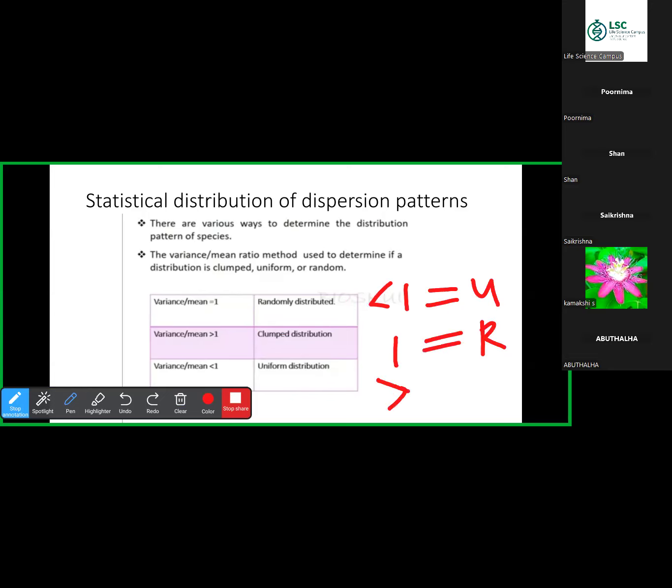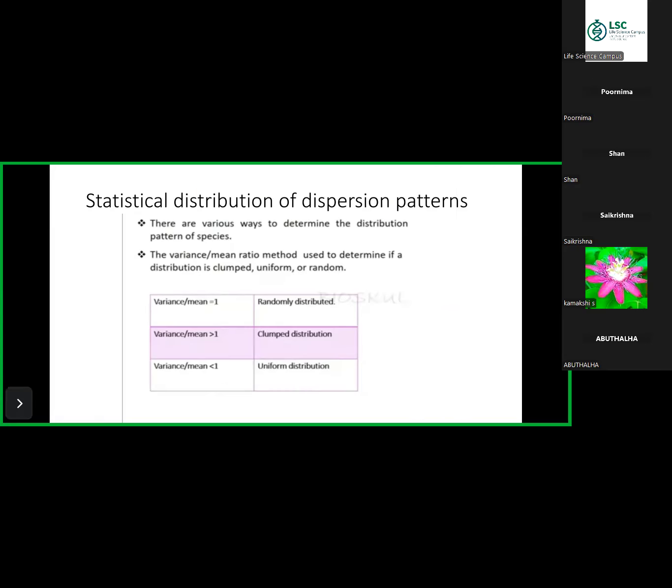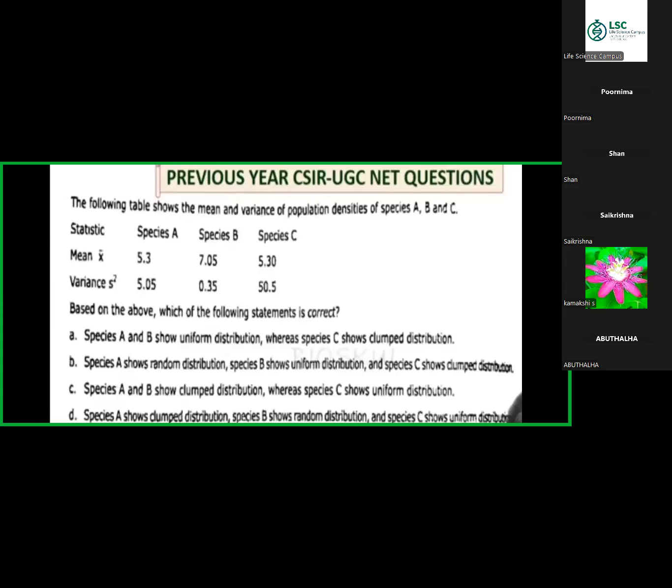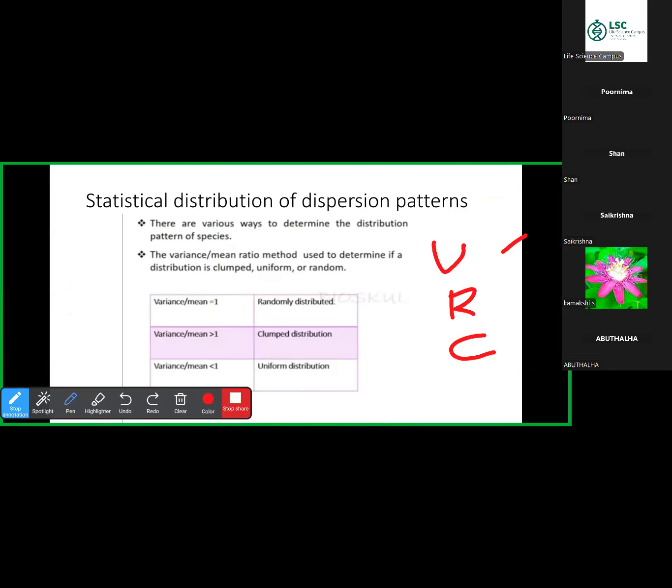If it is greater than 1, then it is clumped dispersion. Is it clear? Then only you can do this question. Just remember this URC, that is U less than 1, R 1, and C greater than 1.